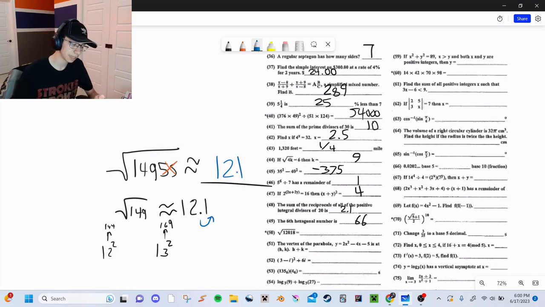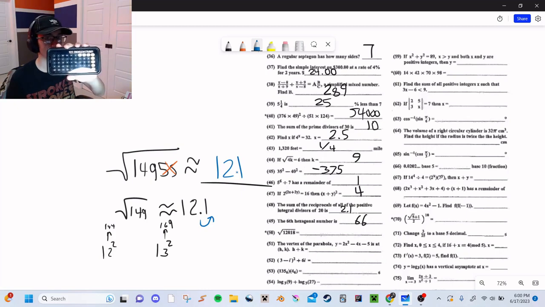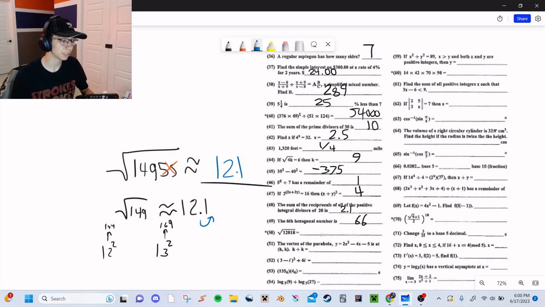And I look at my calculator and I see it's a little off, but it was closer of an answer than if I were to just put 120. So I always try to estimate to that third digit.